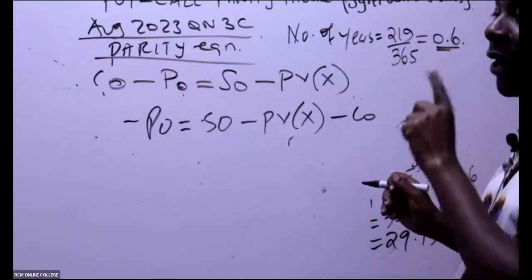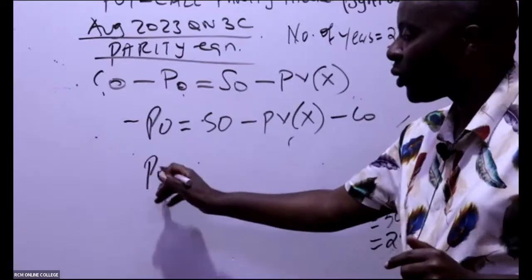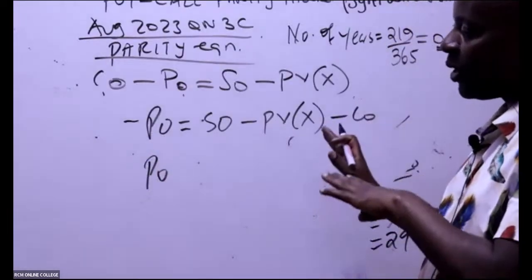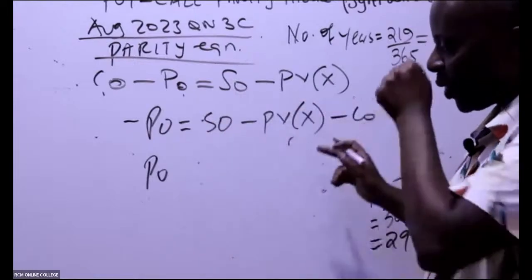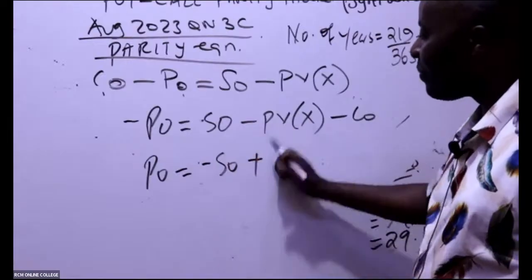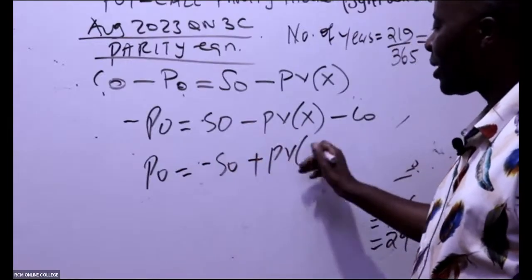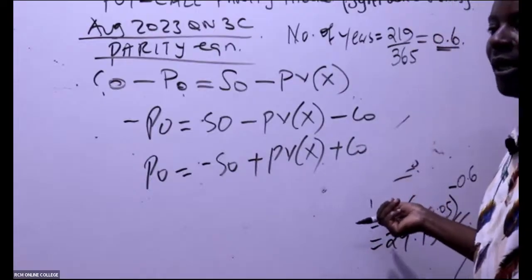But I don't want a minus PO, I only want a positive PO. So all the terms here, we have to change their signs. You divide by minus 1. So this one will be minus SO, this will be plus PV of X, and this one will be plus CO.